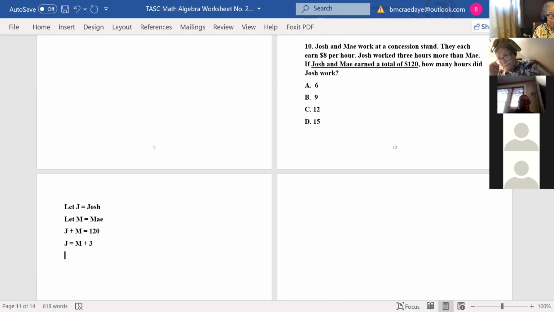Now, the 120 comes from number of hours times the pay, right? And they both earn $8 an hour. So how would you translate hours times pay per hour? What would that look like?